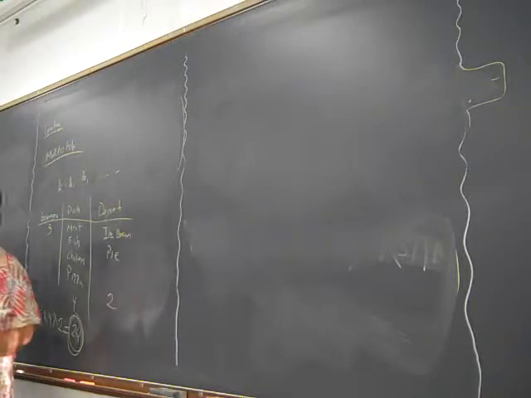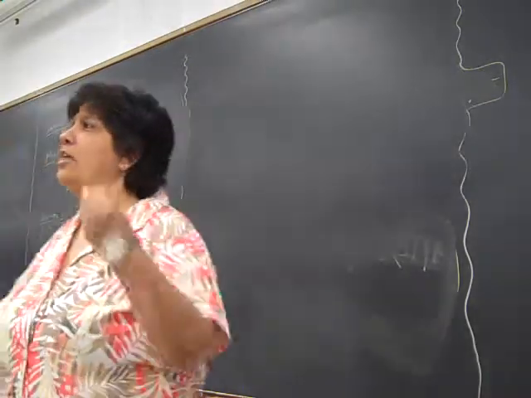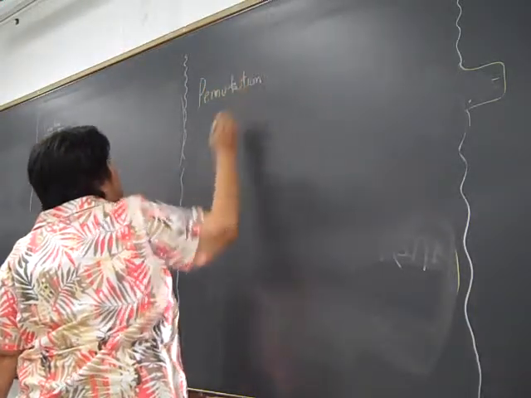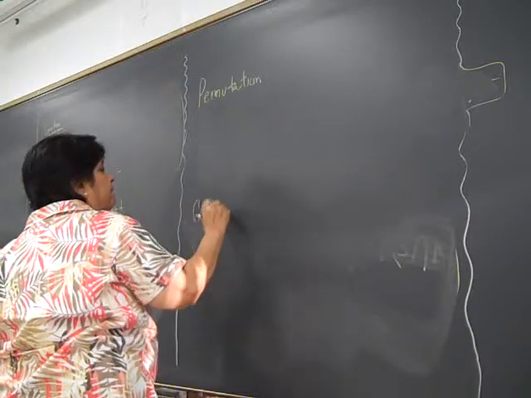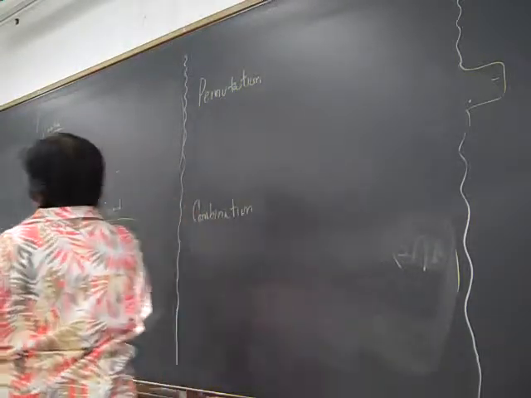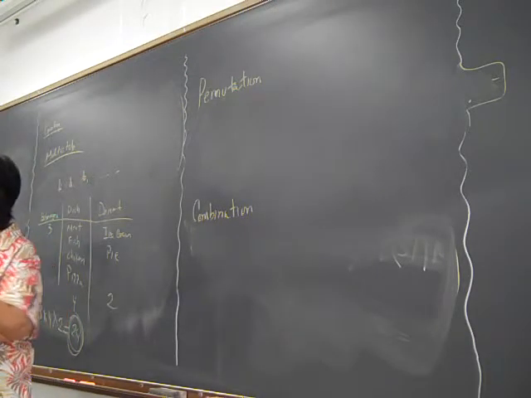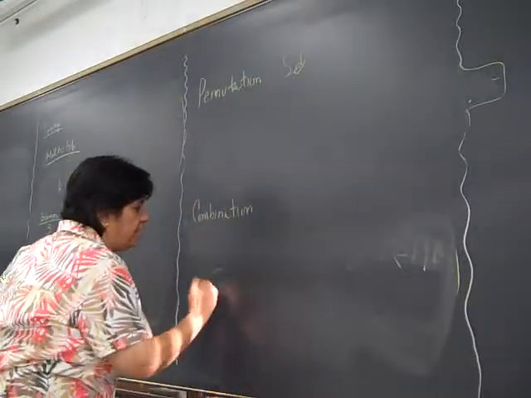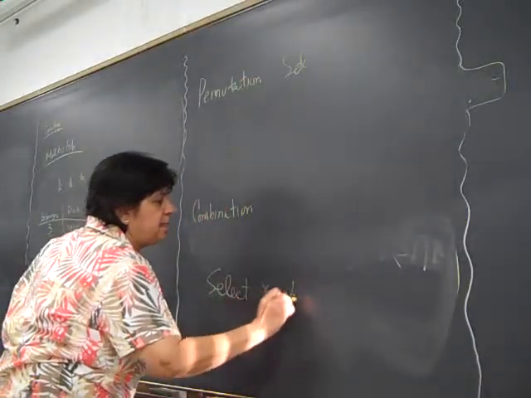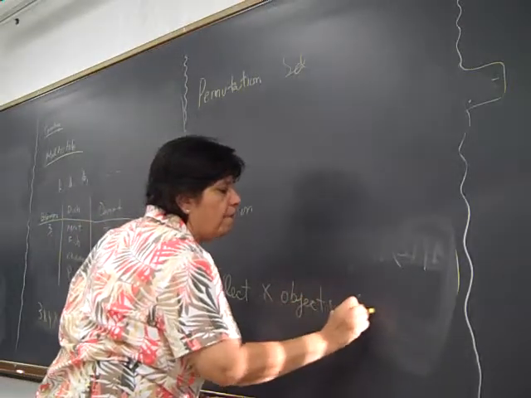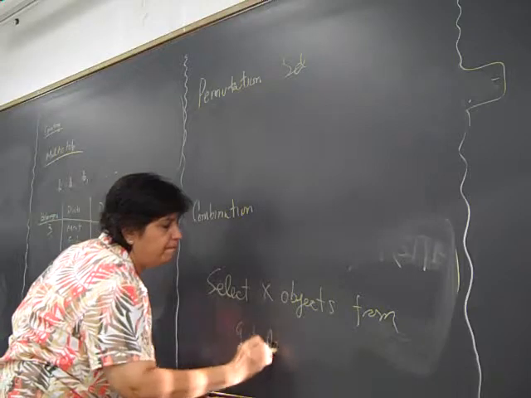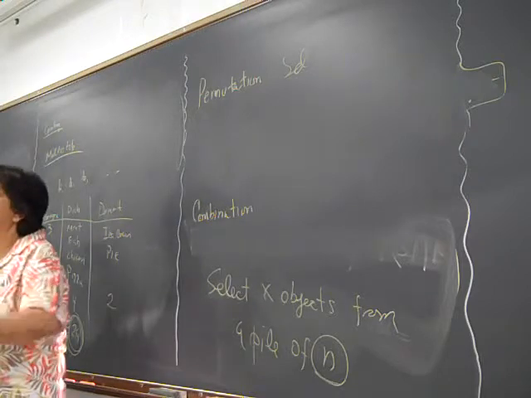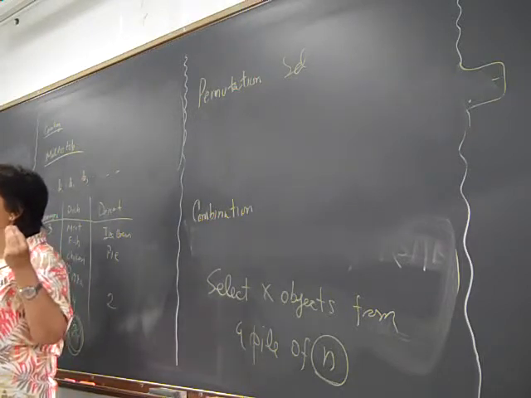Okay? The next one is what is called permutations and combinations. What is permutation? Permutation and combination. These are pretty easy. Why? Because a permutation is when I select X objects from a pile of N objects, and I want to know how many combinations or permutations we can have.